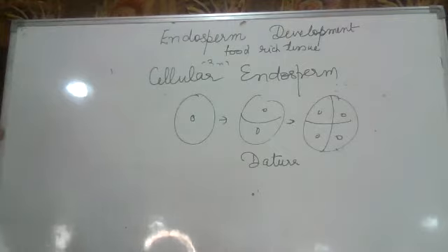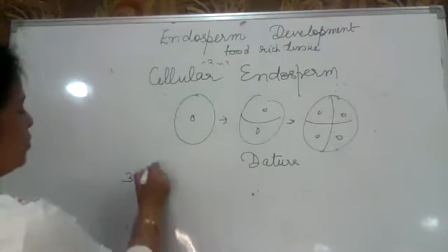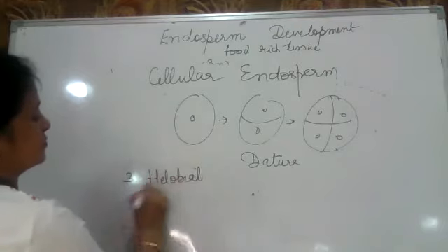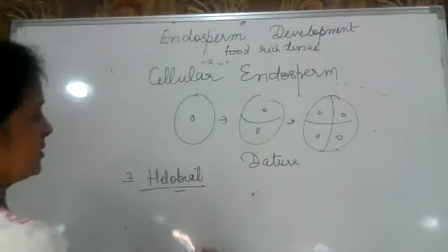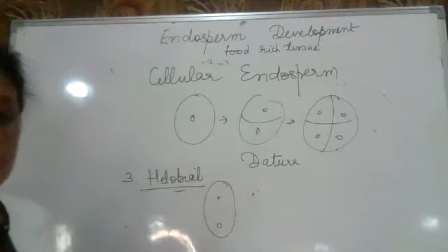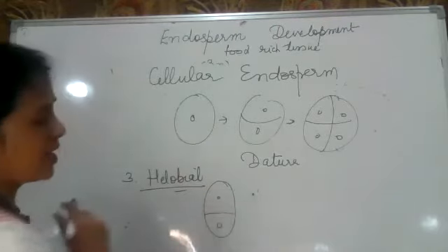The third category of endosperm is helobial endosperm. Helobial is a sort of intermediate type of endosperm. What happens in this? The first division of the nucleus is followed by cell wall formation, but this is unequal.